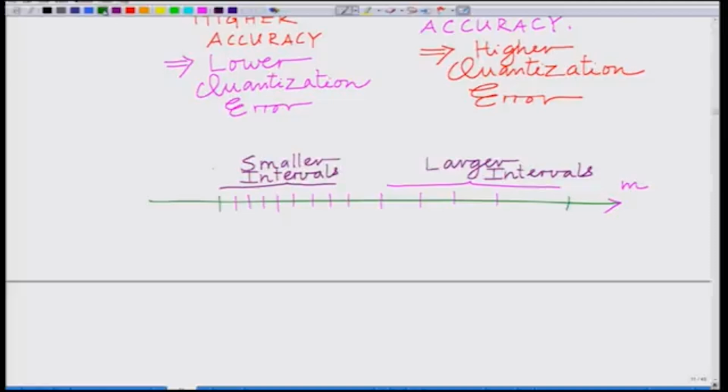In this region, this is a finer quantization, quantized very finely. And this is quantized very roughly, or coarsely. So this is a coarser quantization interval.